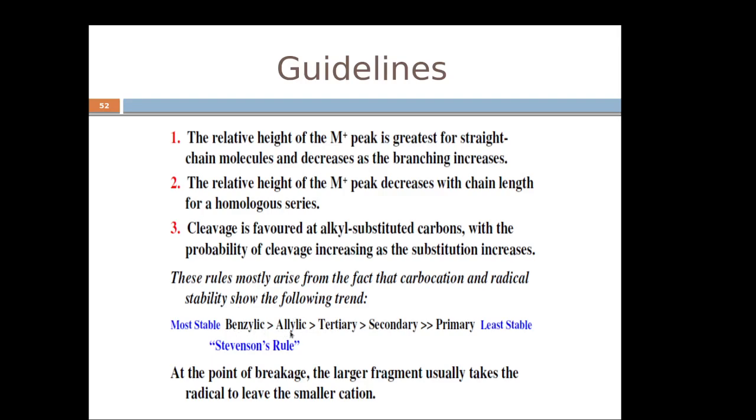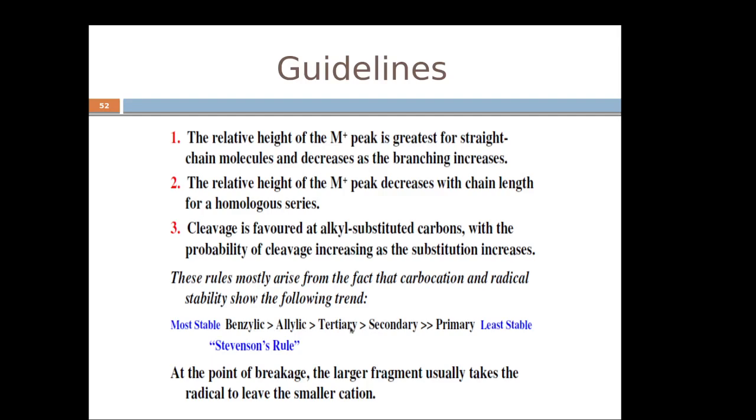This stems from the fact that the carbocations and radicals formed from cleavage of the carbons in these molecules follow the same trend in stability, where benzylic carbocations are more stable than allylic carbocations, which are more stable than tertiary carbocations, and similarly benzylic radicals are more stable than allylic radicals, which are more stable than tertiary radicals.